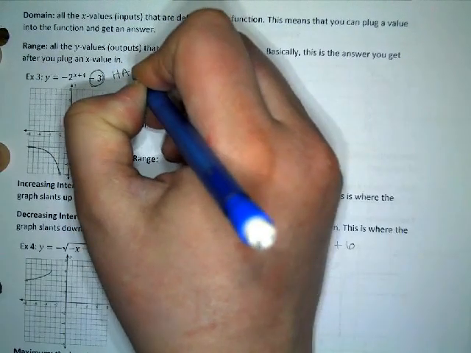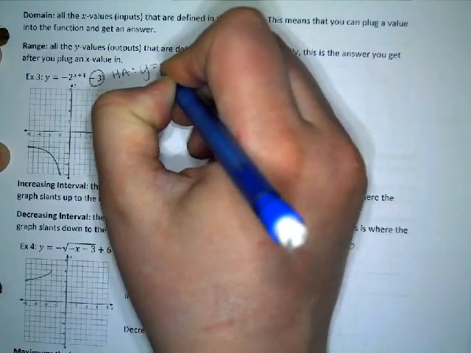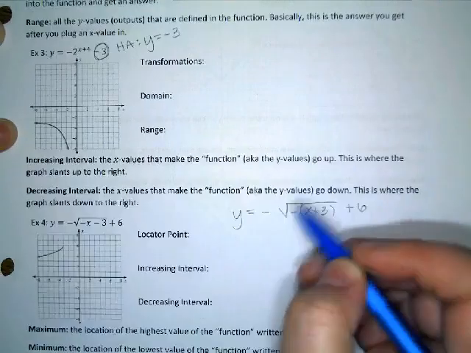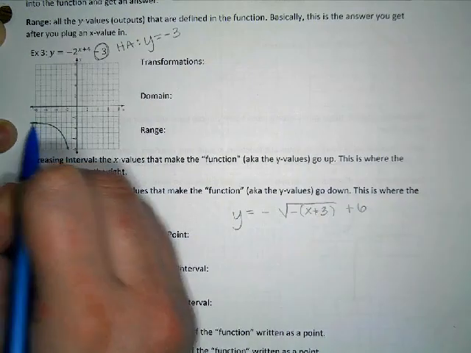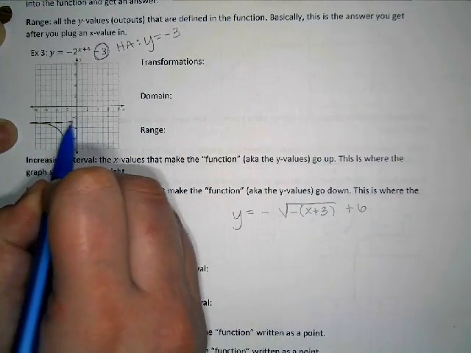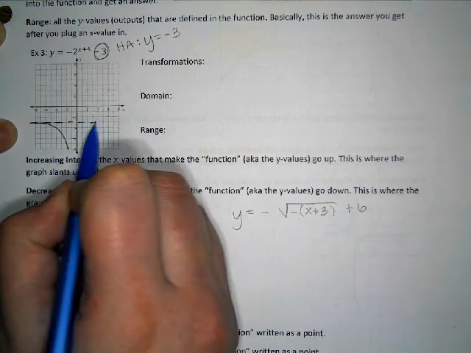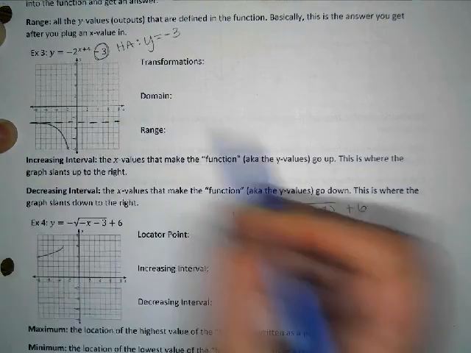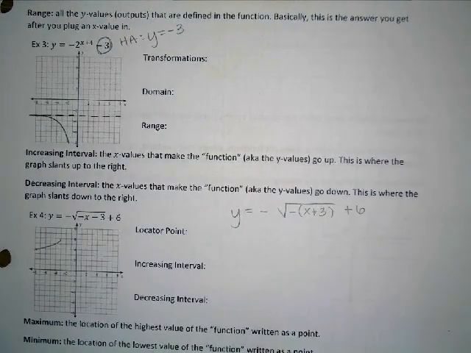The reason that is important is if there's an asymptote at -3, it means that the graph is not crossing -3. It's getting really close to -3, but it's not going to cross -3. And that's going to make a difference when I find the range. Okay? All right, so for the transformations, what do I have?